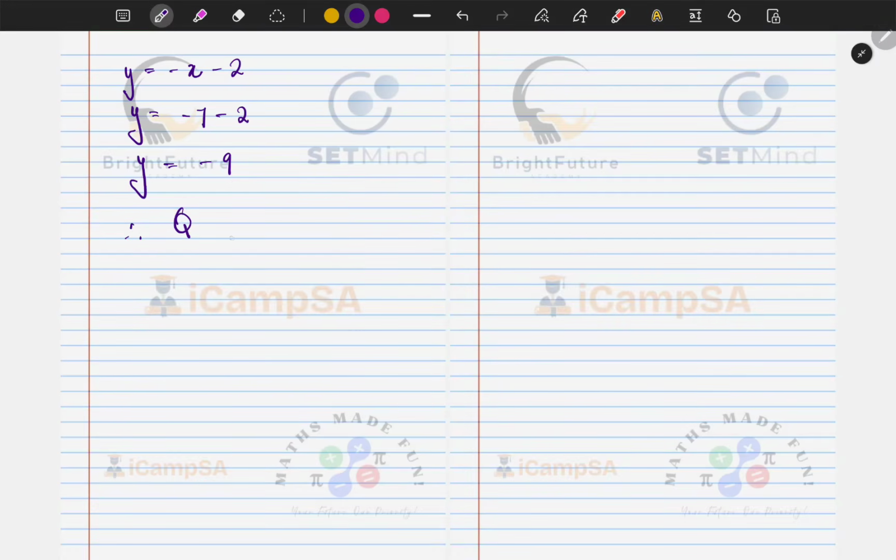Therefore the coordinates of Q are 7 and minus 9. So these will be your coordinates. I hope that's very understandable.